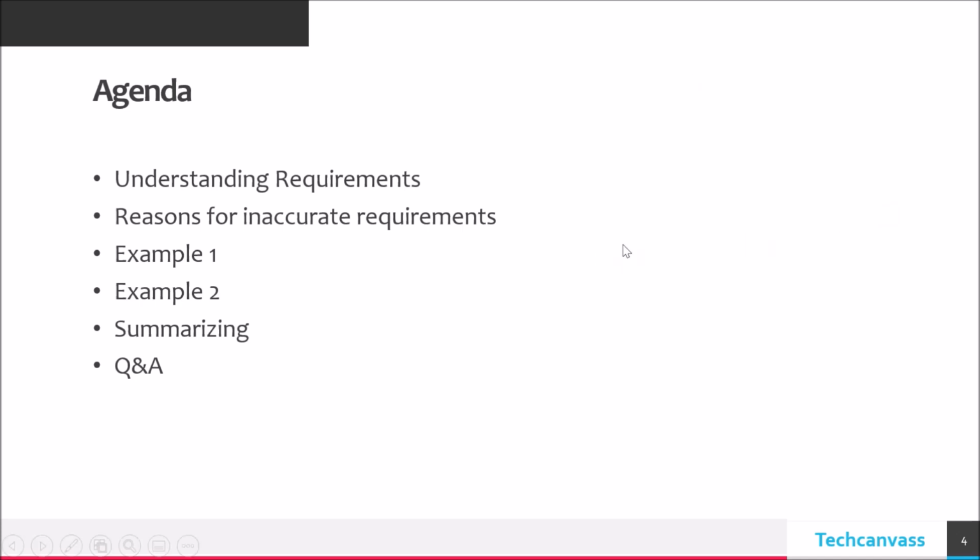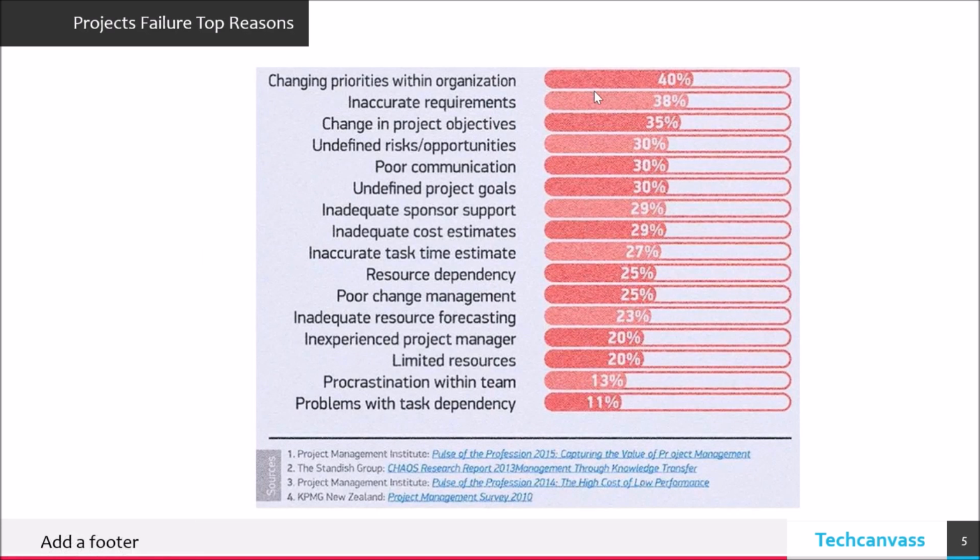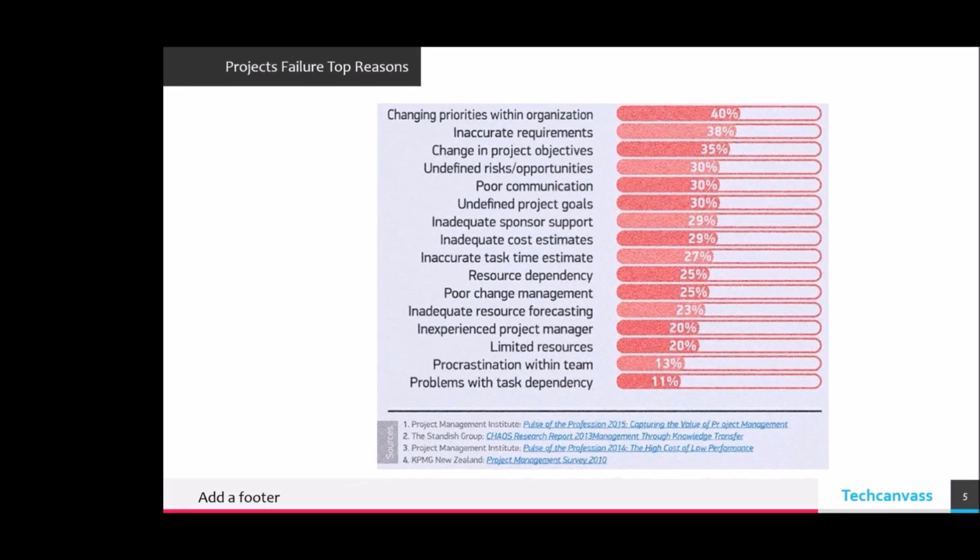All right, so let's get started. This is a chart which summarizes the findings of various agencies, including Project Management Institute, Standish Group, KPMG, and several other organizations who have conducted surveys on the success and failures of projects. They found these reasons as to why projects succeed or why projects fail.